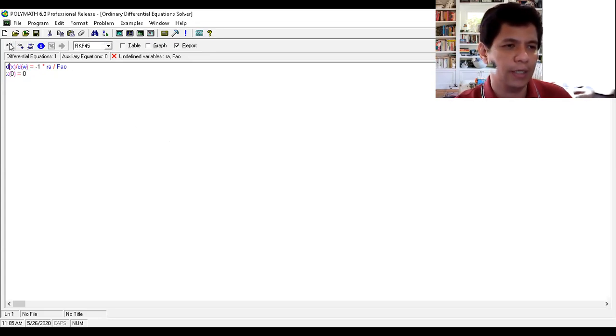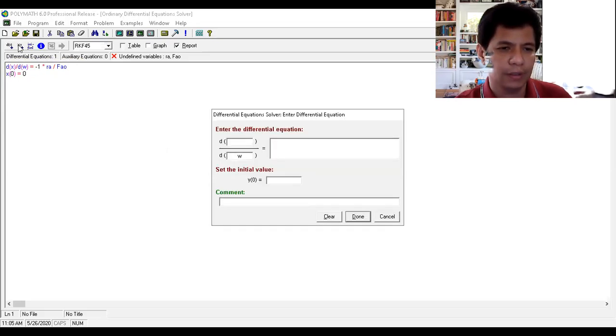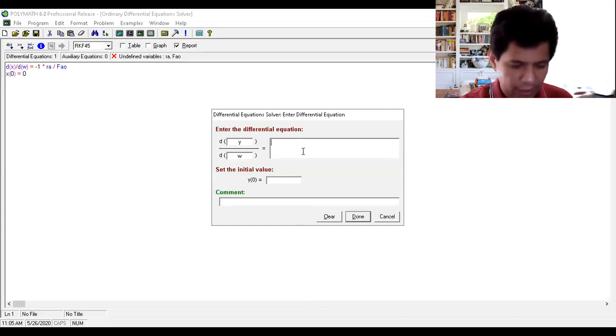Okay, so let's add another equation based on the Ergun equation. So the Ergun equation is dy/dW. So let's type in y over there. Then negative alpha, so negative 1 times alpha, so probably just type in alpha, and then divided by 2, and then divided by y.